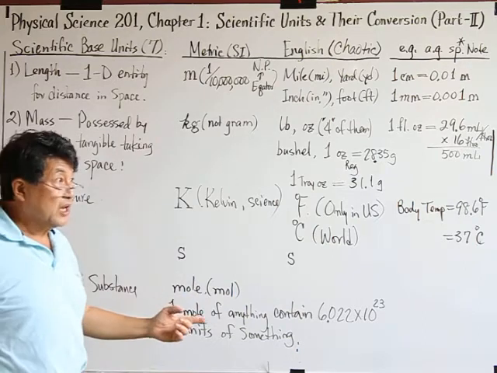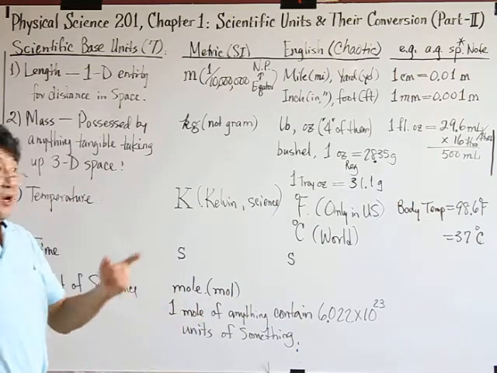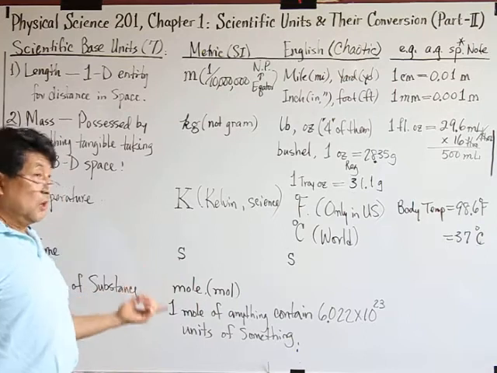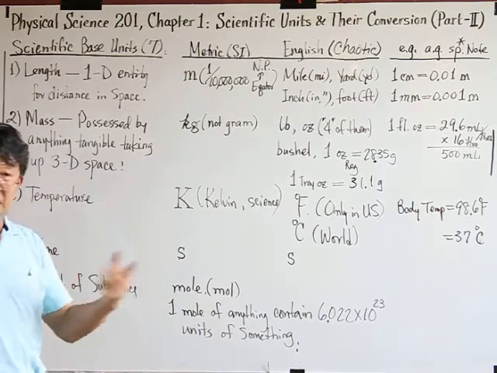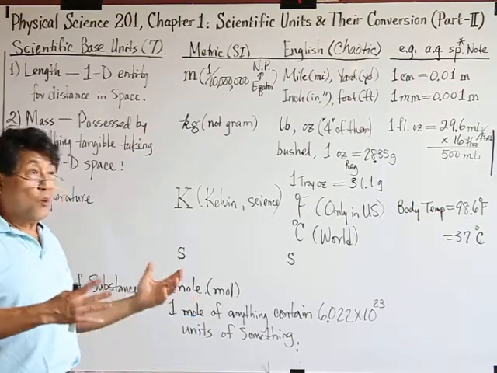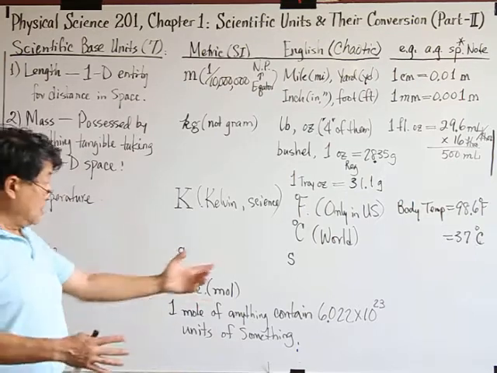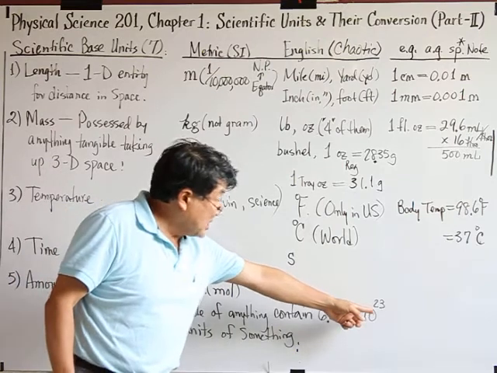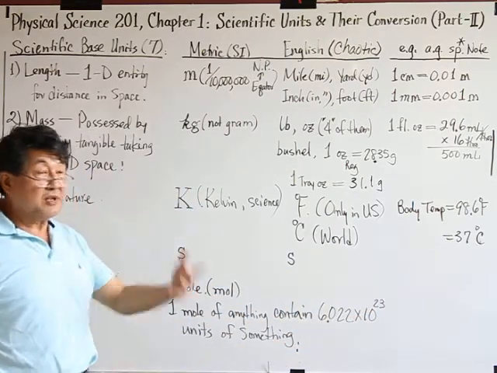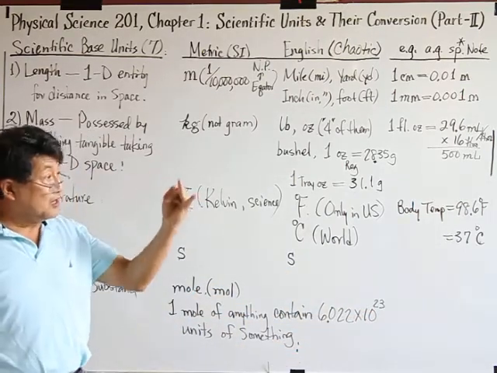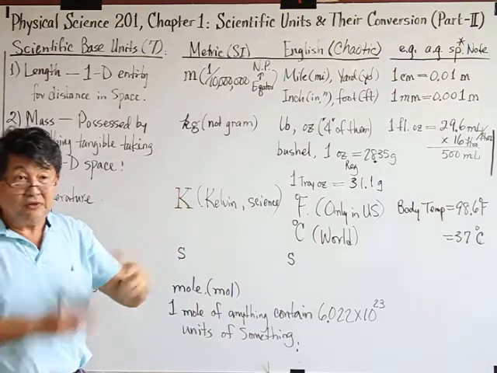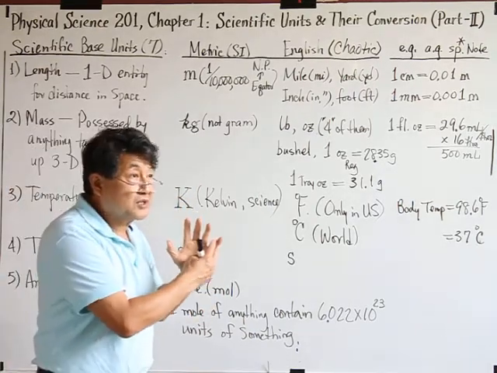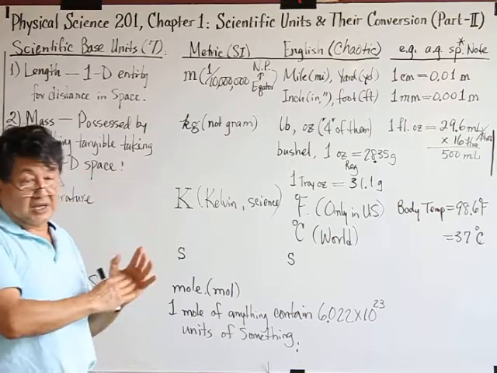So 23 is twice the 9 zeros, plus 5 more, because 9 times 2 is 18. It's still 100,000 times less than 1 mole, because 23 minus 18 is 5, and 5 means 10 times 10 times 10 times 10 times 10. That's 5 more zeros, that's 100,000 billion.